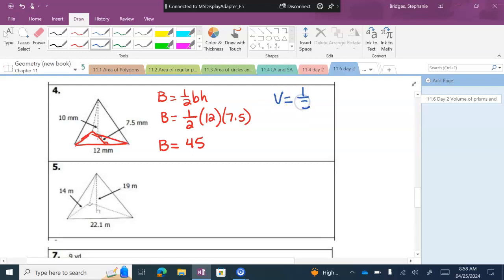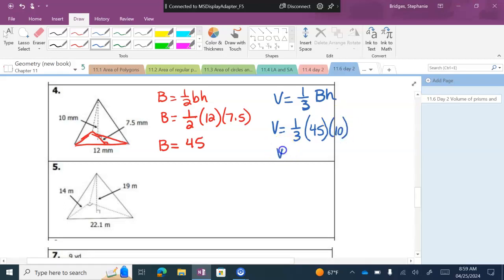Again, it is 1/3 the area of the base, this time times the height of the pyramid. I'm saying the wrong thing. We said the area of the base was 45. What is the height of the pyramid here? How tall is that pyramid? 10.